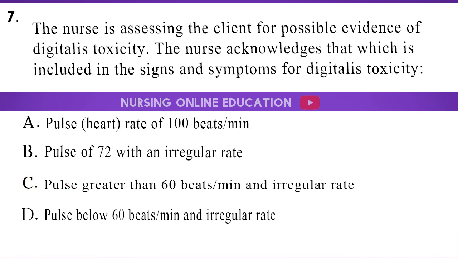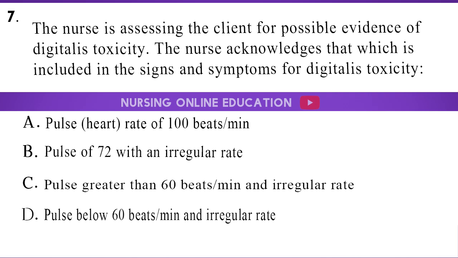7. The nurse is assessing the client for possible evidence of digitalis toxicity. The nurse acknowledges that which is included in the signs and symptoms for digitalis toxicity: A. Pulse, heart rate of 100 beats/min. B. Pulse of 72 with an irregular rate. C. Pulse greater than 60 beats/min and irregular rate.